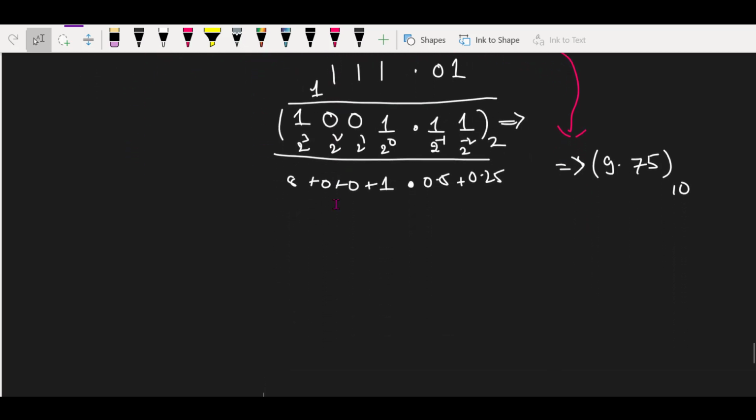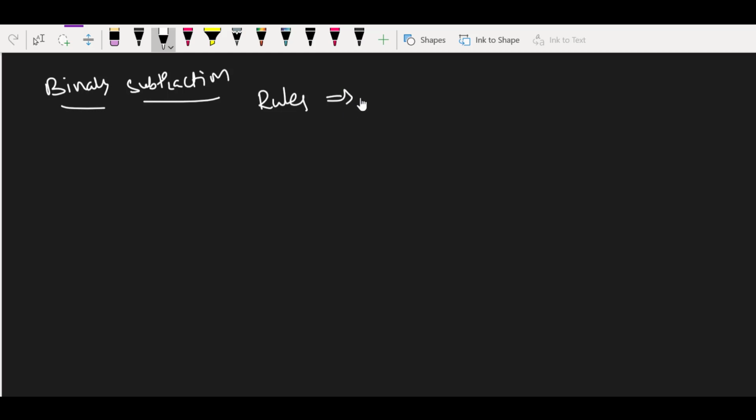Now we'll try to see the binary subtraction. Before that, you should know the rules. Rules are simple. 0 minus 0 will be 0. 1 minus 0 will be 1.